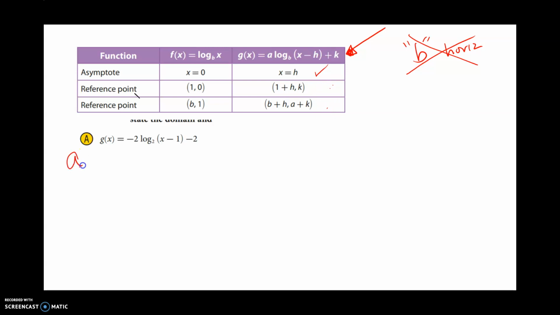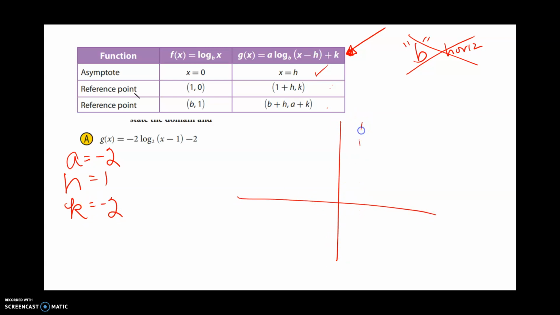Let's identify for this transformed log, a equals -2, h equals 1, k equals -2. That means at x equals h, or 1 here, I have a vertical asymptote.